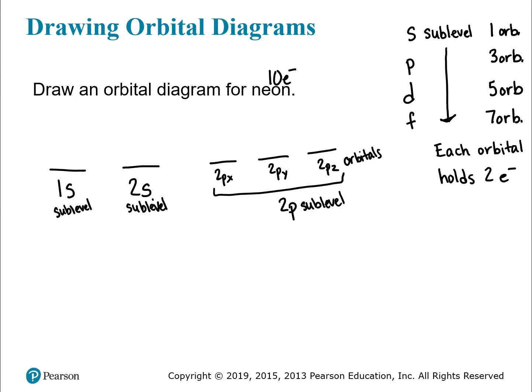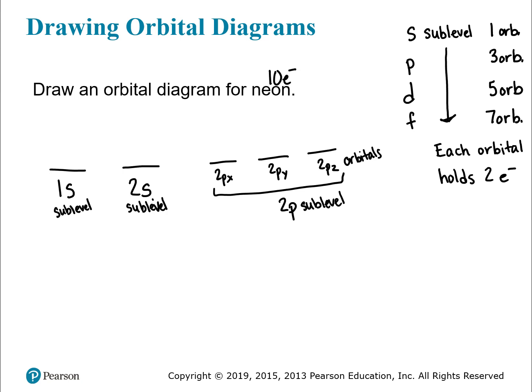So you don't need to know the specific geometry. And I do go into the shapes of the different orbitals in the YouTube video for this part of chapter 4. So you will be responsible for that. But that part, knowing the shapes, is easier than understanding the concept of sublevels and orbitals. So again, S sublevel, 1 orbital.